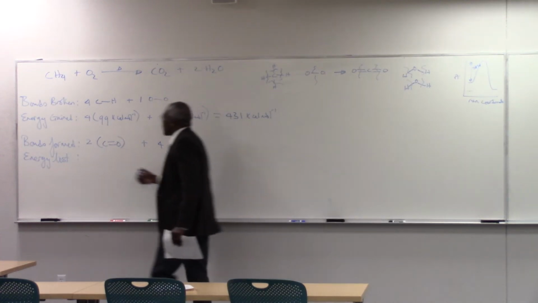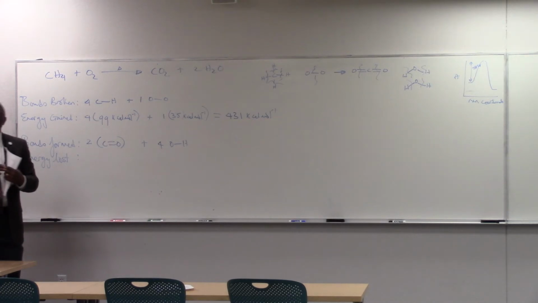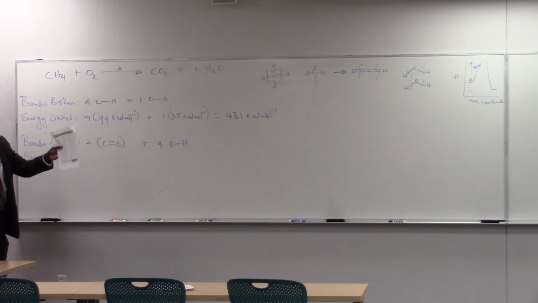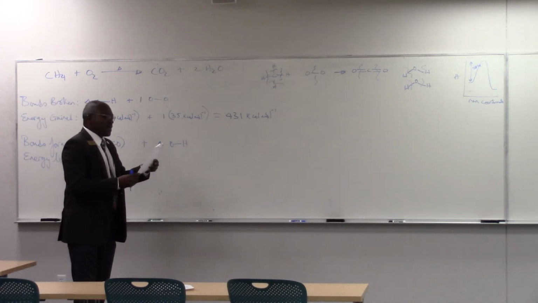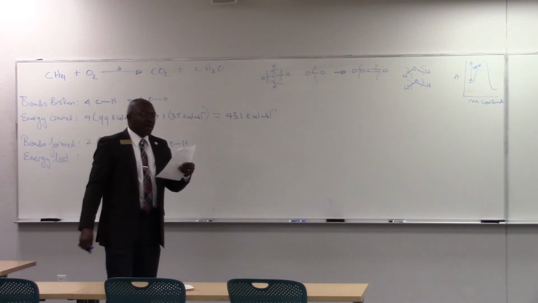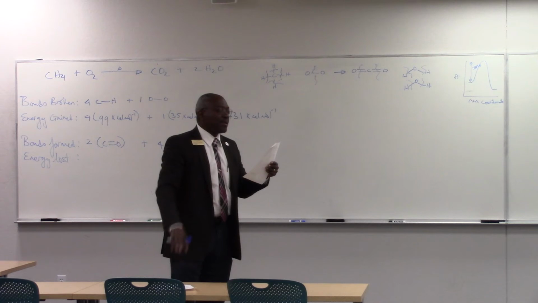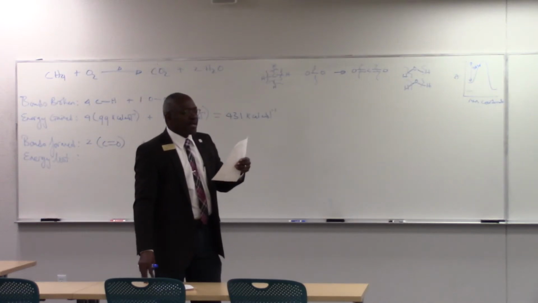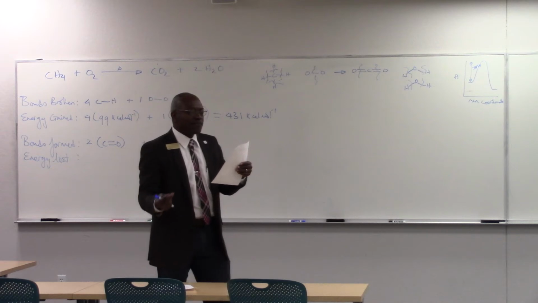Okay. How much energy did I lose in the process? As bonds are being formed, the system loses energy. How much? I'm going to go to the table. Now you notice that when you go to C double bond O, there are a whole bunch of them. There's one for carbon dioxide, so this is the far right of the table. There's some for things called anhydrides, ketones, esters, amides, halides.